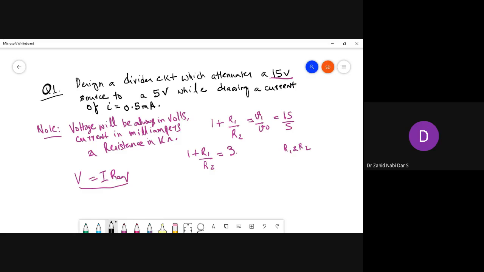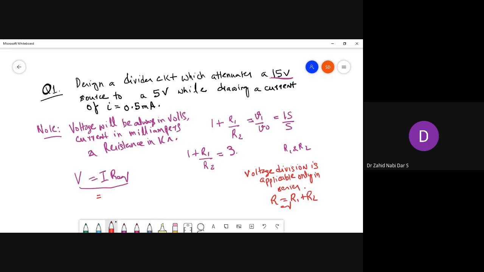So voltage division is applicable only in series network. In a series network, the resistance would be R1 plus R2. This is R equivalent. So we can say V is equal to I into R equivalent.